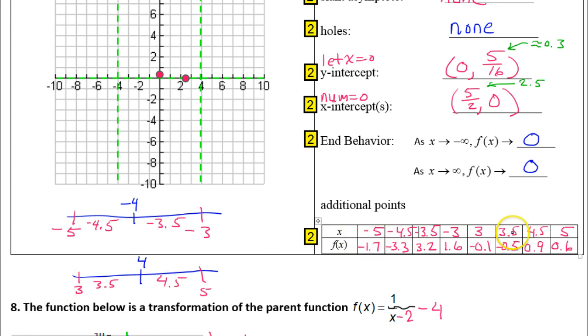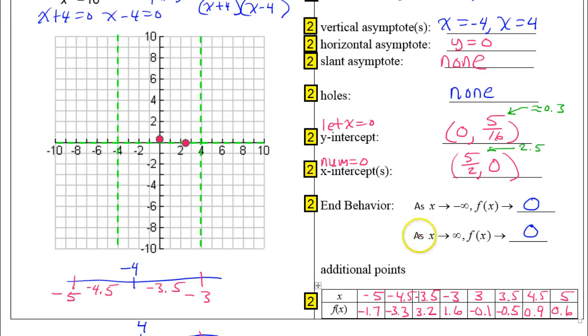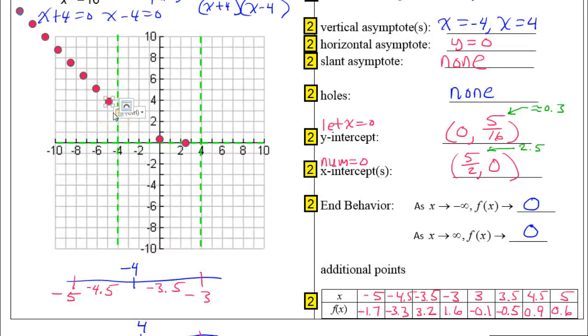Okay, so these are the values that I get from my calculator. So I'm going to take each of these points and I'm going to plot them. So I will plot a couple of them on camera and then I'll just do the rest off camera. Okay, so I've got negative 5, negative 1.7. So negative 5 at negative 1.7 would be about here.